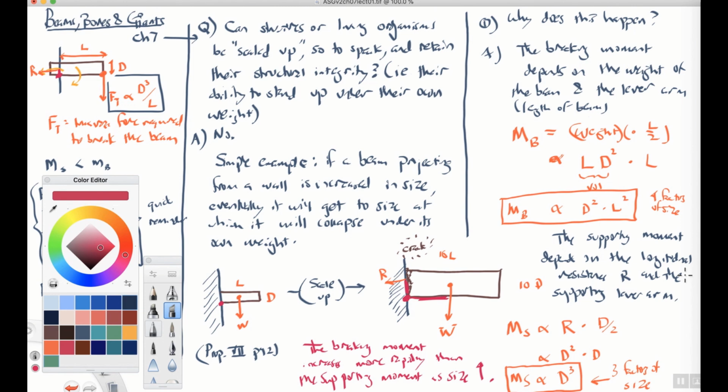You cannot simply make the ship 3 times as big or 5 times as big or 10 times as big, because at some point those horizontal beams will have a larger braking moment than their supporting moment, and they will collapse under their own weight. And this has implications as well for the size of living organisms. So we'll say a few more things about this when we get together next time.